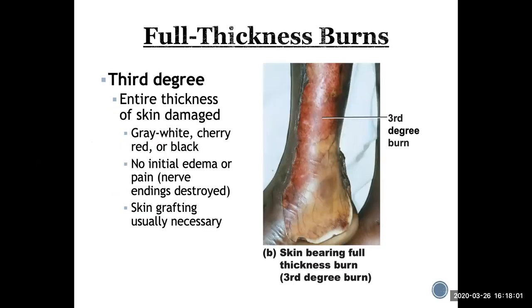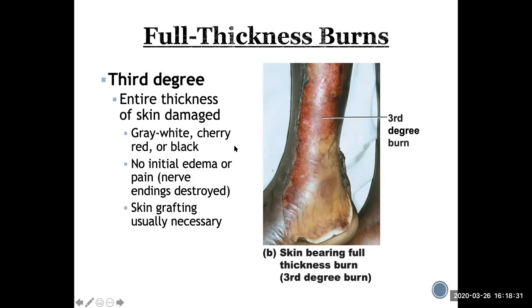And then finally, third degree burns, which are the one example of full thickness burns, is when the entire thickness of the skin is damaged. So we're talking about the epidermis, the dermis, and the hypodermis. So you'll end up having either full on charring to ash. It could be cherry red, like cooked meat, sorry, or black, right?